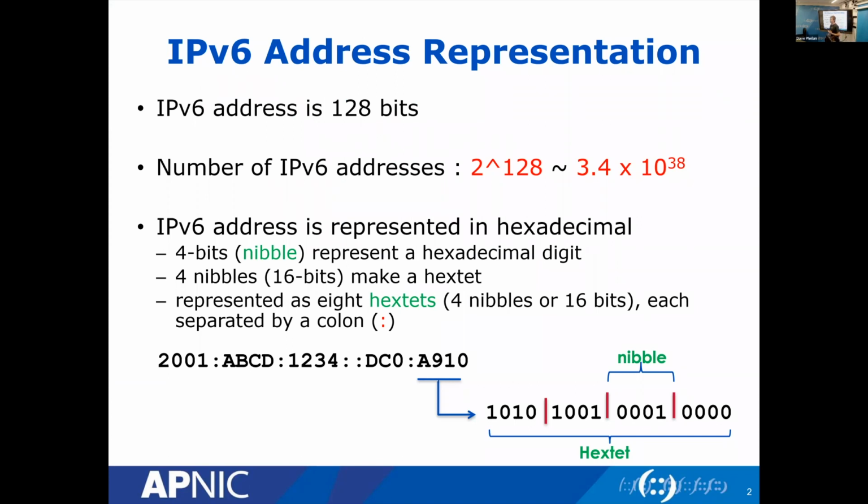So the number of IPv6 addresses we have is 2 to the 128, which is the same as 3.4 times 10 to the 38. And it's something like 3.4 undecillion addresses.